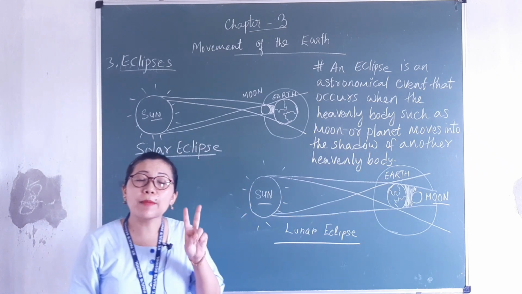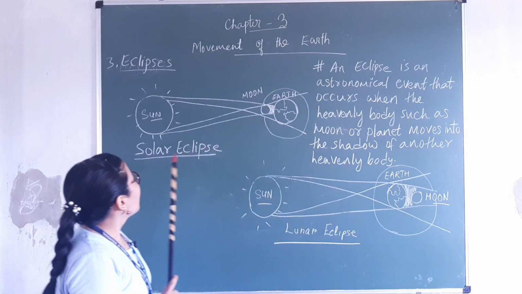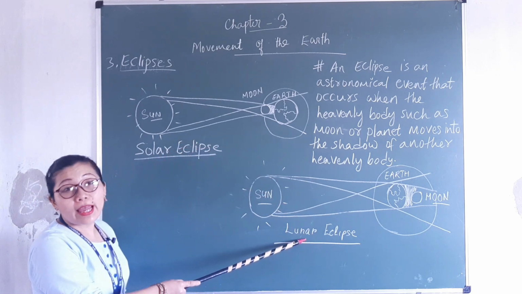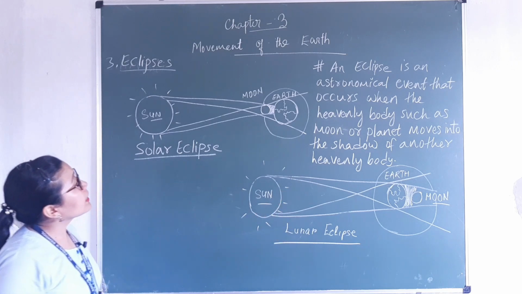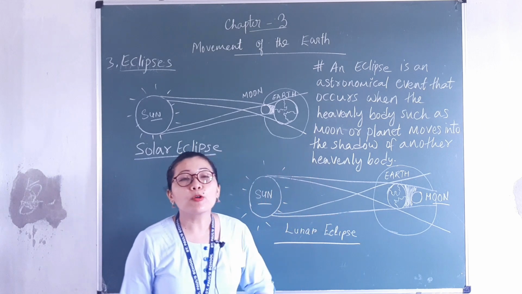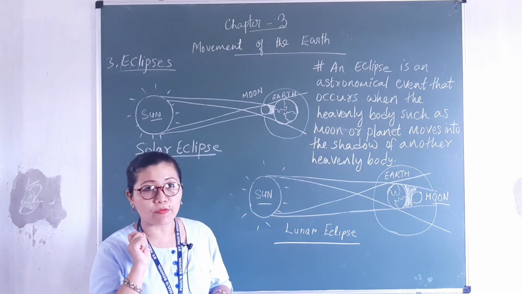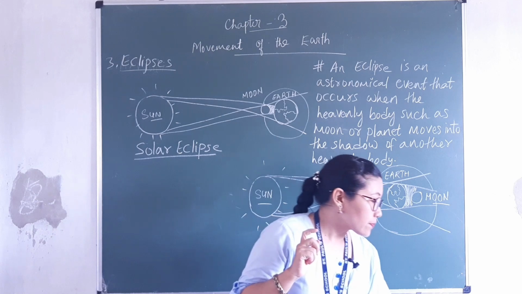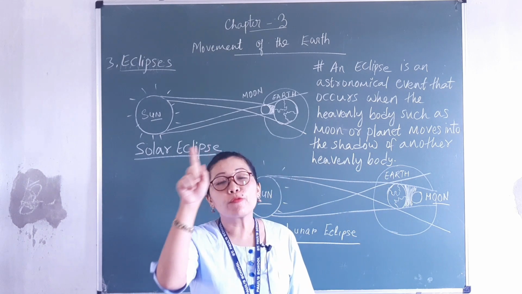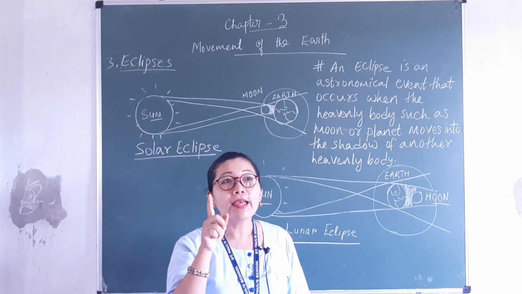And there are two types of eclipse. They are solar eclipse and lunar eclipse, okay? And we have already learned about rotation of the earth and revolution of the earth, okay? The earth along with the planet revolves around the sun, okay?